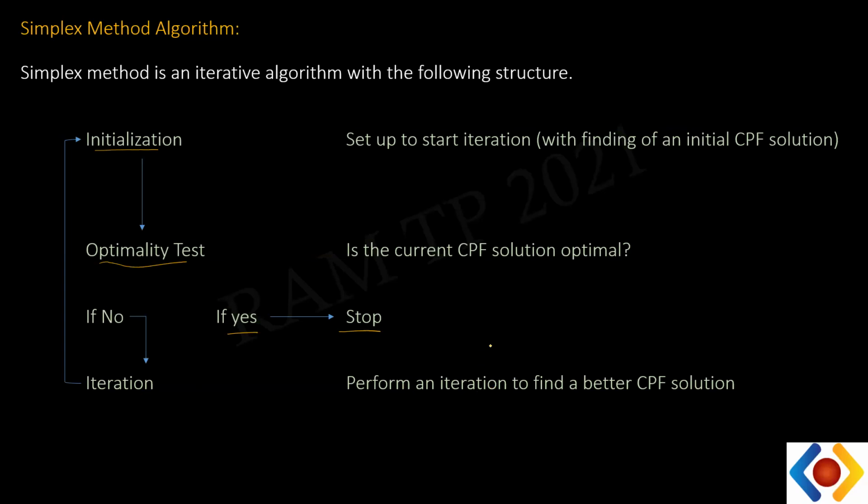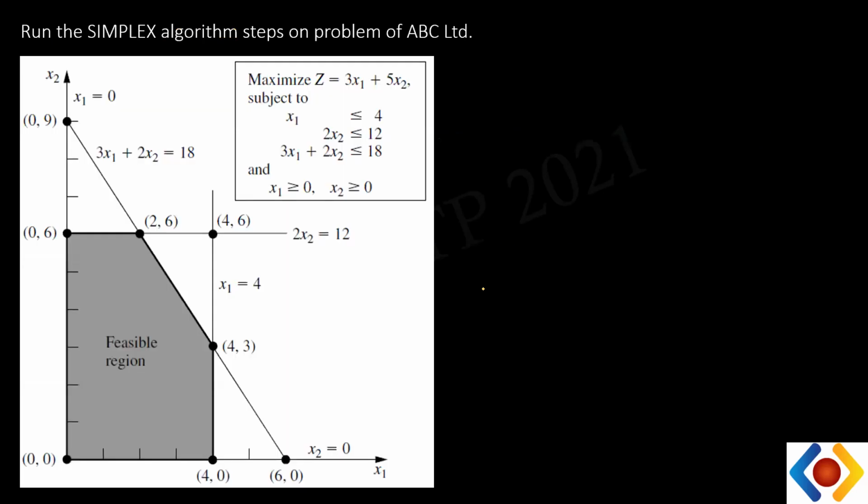That's the algorithm which runs in the Simplex method. Now let's try to understand this using our example. What was the first step? Initialization. So how many CPFs are there in this problem?